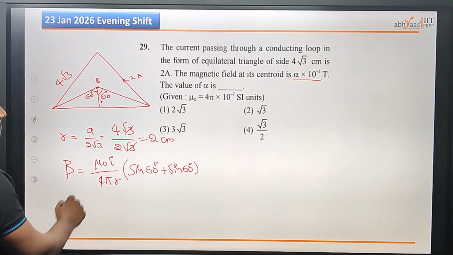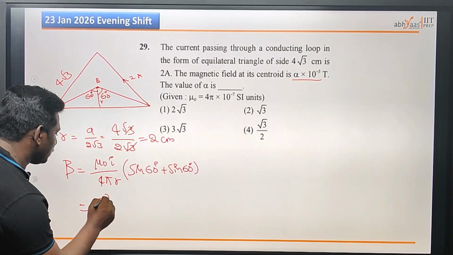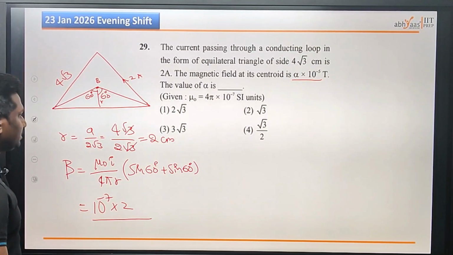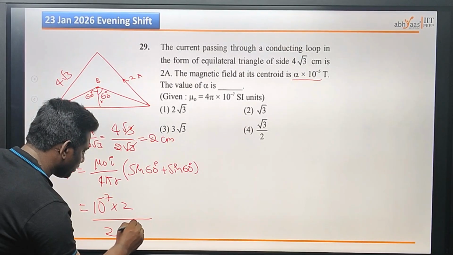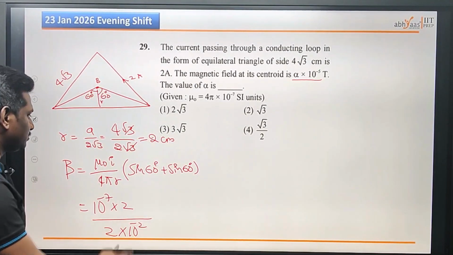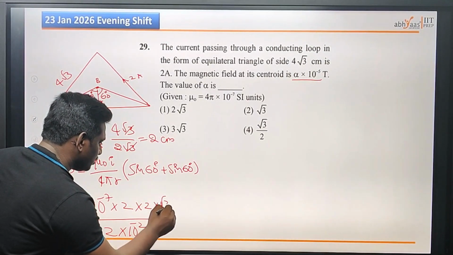Mu naught by 4 pi, how much? 10 to the power minus 7. What is I? That is 2. What is R? That is also 2 centimeters, 10 to the power minus 2. What is sin 60? Root 3 by 2. We are having 2 times root 3 by 2.